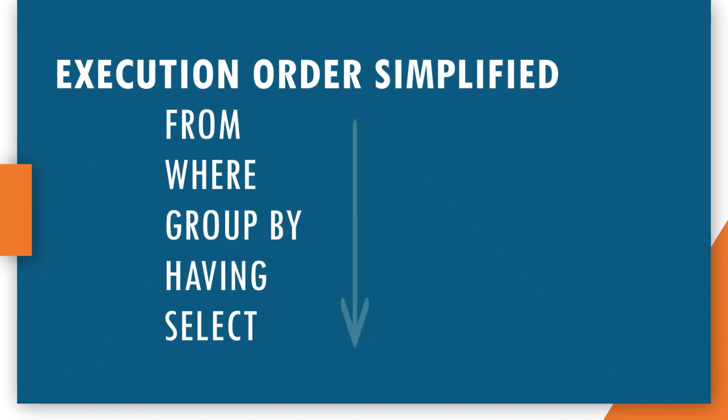SQL follows a clear execution order: from, where, group by, having, select. First the data is pulled from tables, then where filters individual rows. Next group by organizes rows into groups, having filters those groups, and finally select chooses what to show. Understanding this sequence helps you write queries logically, not just syntactically, and prevents mistakes with where and having.